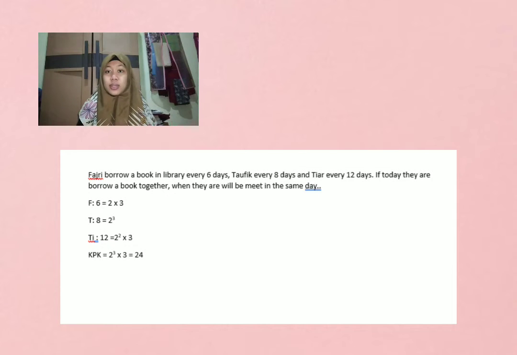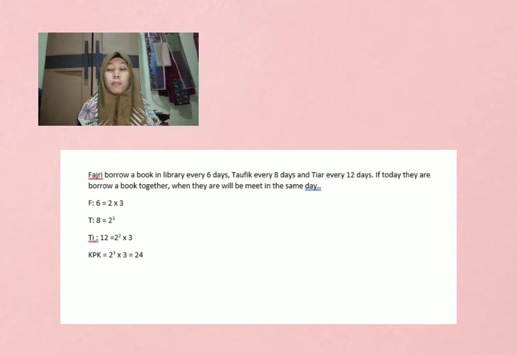The last question is number 5. First, we know that Fajri goes every 6 days, Taufik every 8 days, and Tiar every 12 days. We use KPK to find the solution in this question.